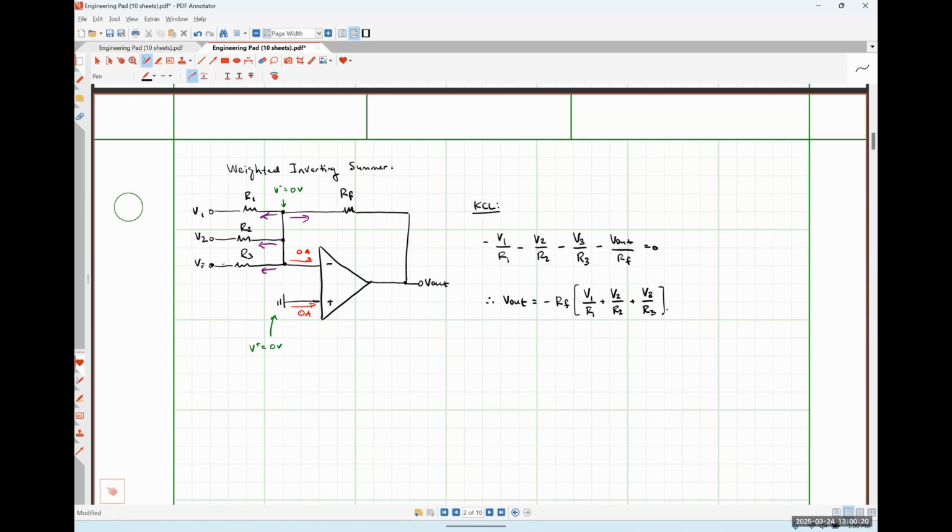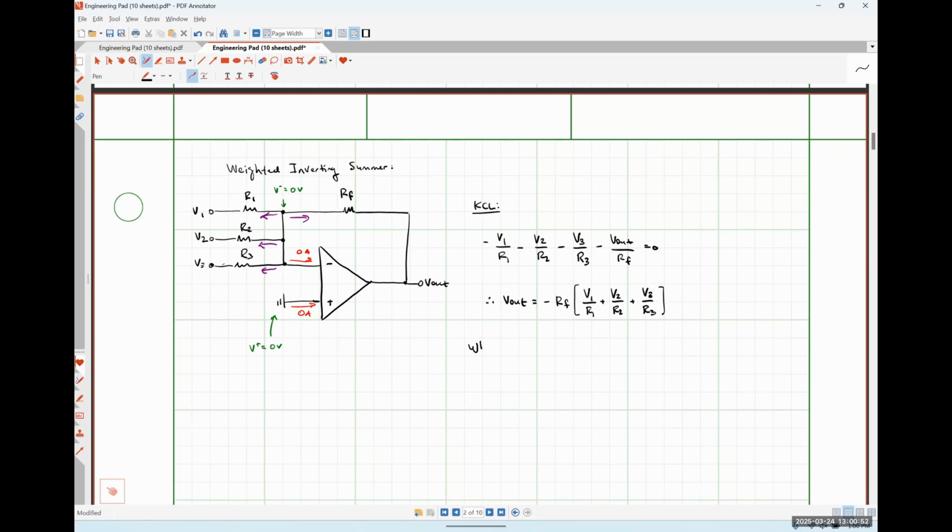For input signal V2, it would be negative RF over R2, etc. So each of these three input signals, V1, V2, and V3, can be scaled by a different amount depending on what resistor value we place between that input signal itself and the inverting input node, okay? So that's why we have a weighted inverting summer, because each individual input signal is weighted by some different amount.